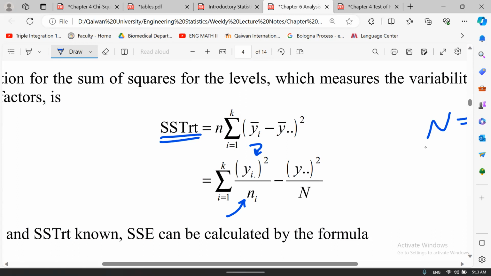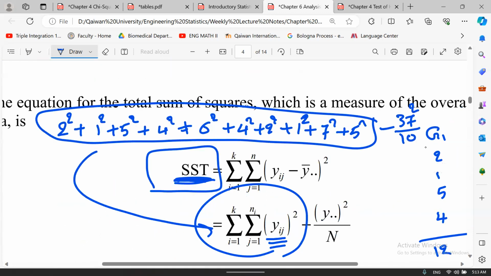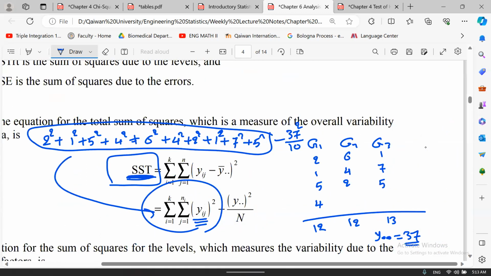So n1 is the number of elements in the first column, which is 4, n2 is 3, and n3 is 3. We have 3 elements in the second and third columns, but 4 elements in the first column.